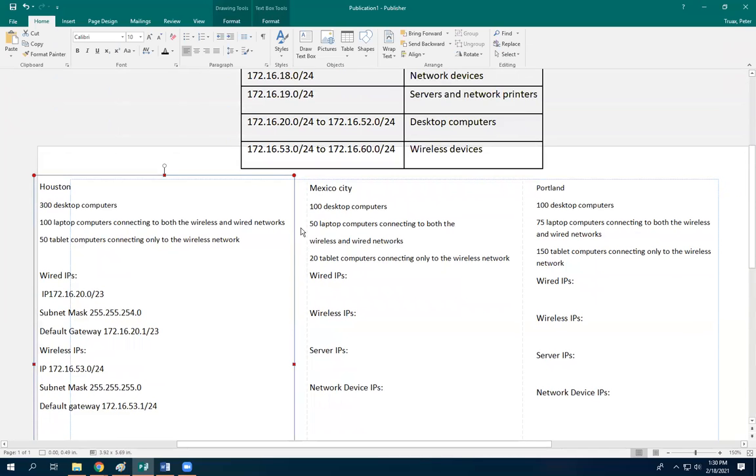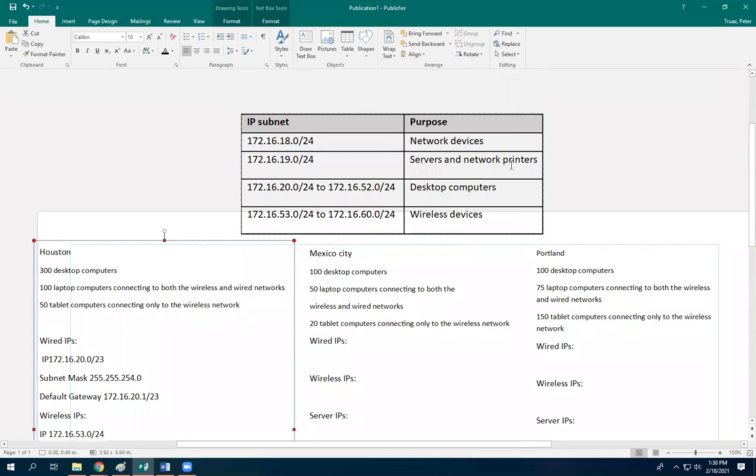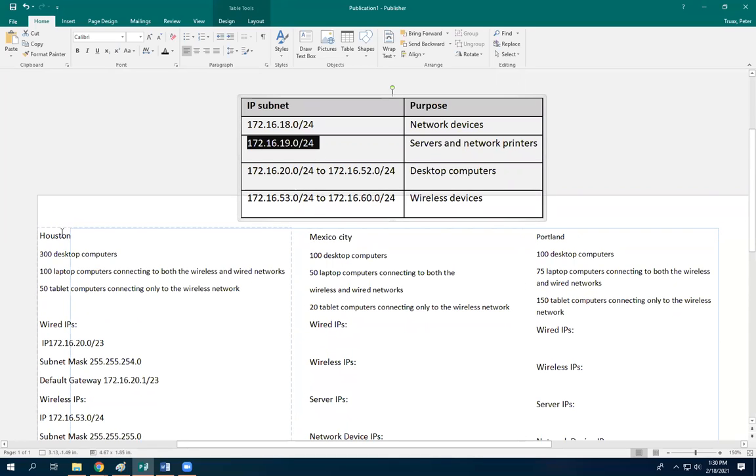So then our server IPs, those are over here. They want us to use 172.16.19.0/24, but we're going to have to subnet that some more because we've got to divide it up between Houston, Mexico City, and Portland.